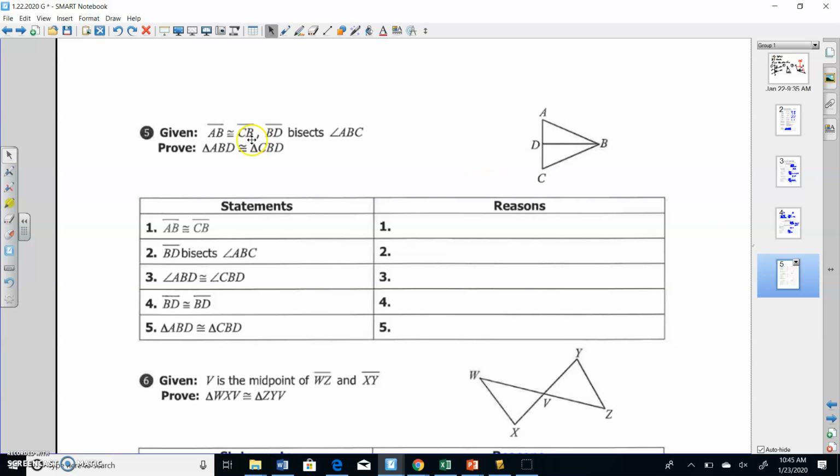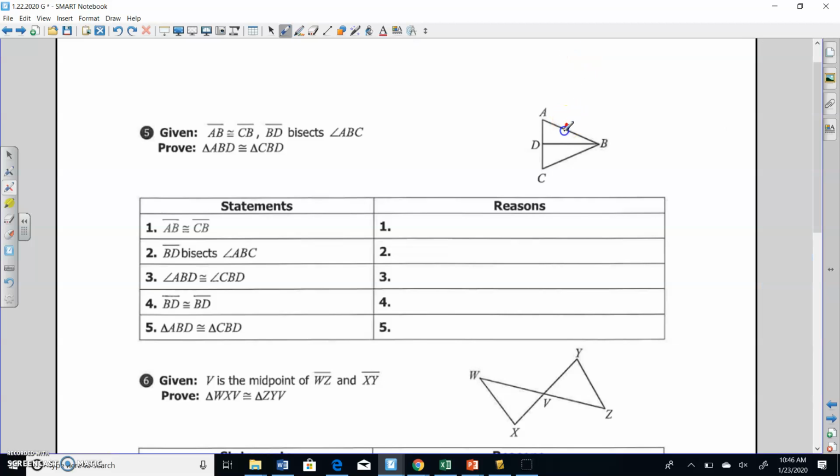So right away we know that AB is congruent to CB, and I think I told you to go ahead and mark your figure with that given information. So AB is congruent to CB. Okay, that's our first statement. How do we know that AB is congruent to CB?